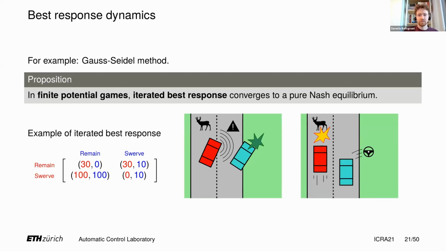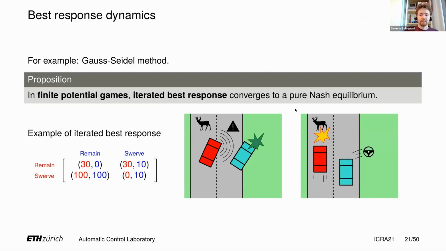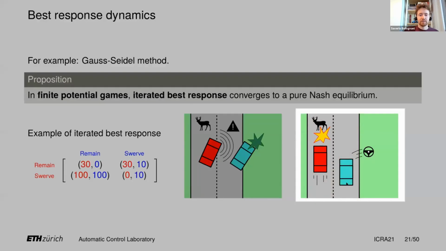One of the two announces what they want to do, and the other one responds. So player one signals to the other, I'm swerving to the right. And player two does the best response to that, which is to swerve onto the shoulder. And this is a Nash equilibrium, we know it. The other case is that player two decides, I'm going to stay on the lane, and player one then decides, then I will hit the deer.